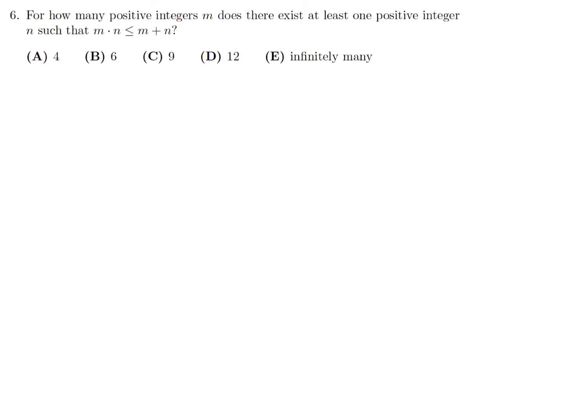For how many positive integers m does there exist at least one positive integer n such that m times n is less than or equal to m plus n? Okay, m times n is less than or equal to m plus n. So we can make a table: m, n, m times n, and m plus n.